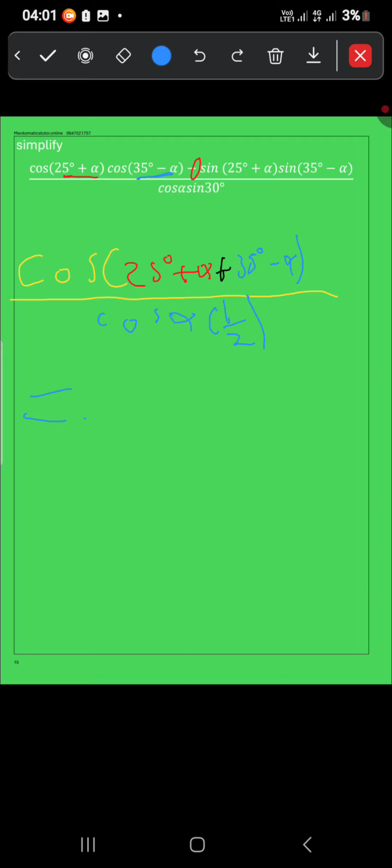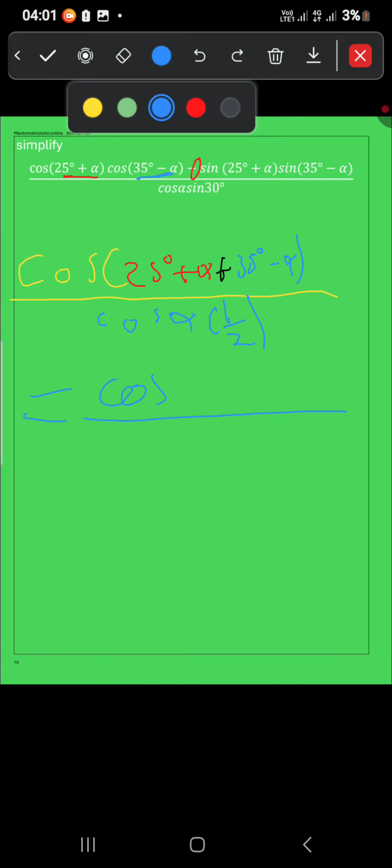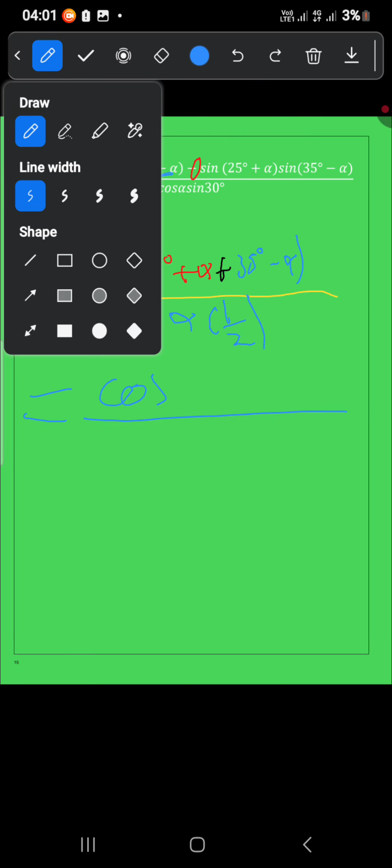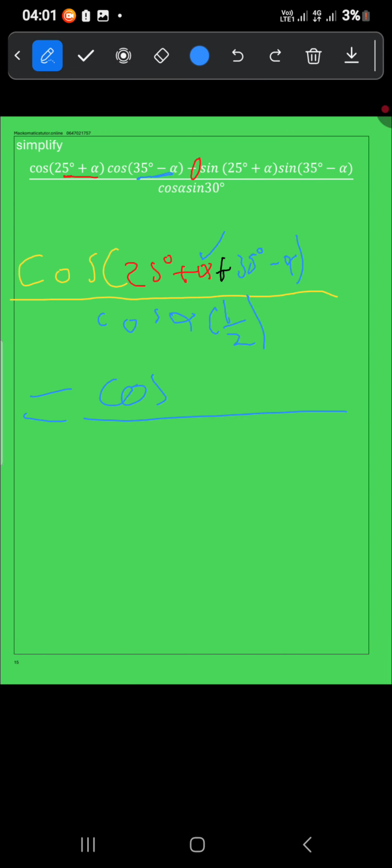This is equal to cos of alpha and alpha. You subtract alpha and alpha, they disappear.